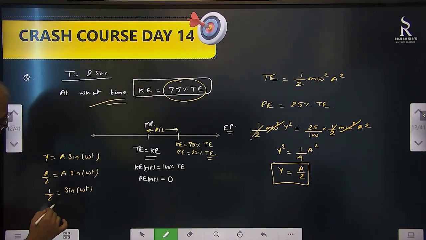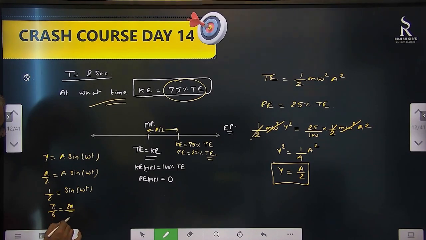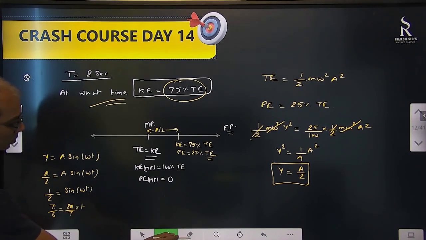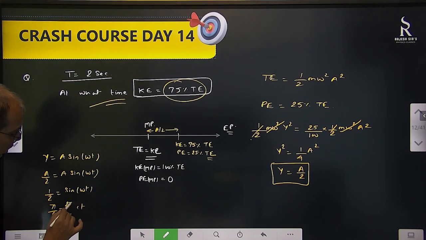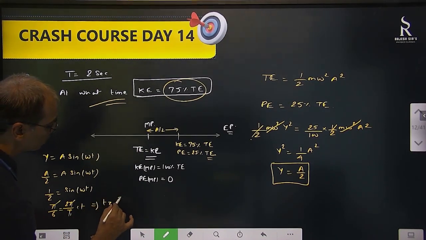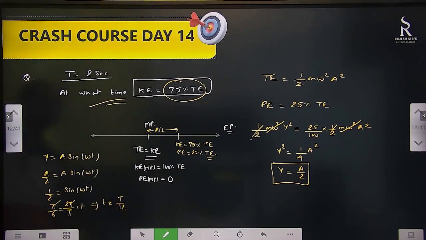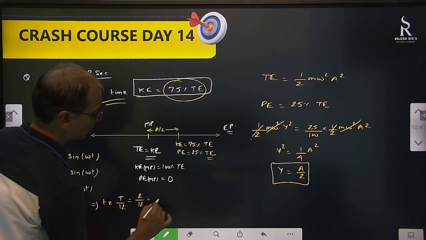So that's 30 degrees. 30 degrees means pi by 6. Pi by 6 equal to 2 pi by T into t. So pi cancelled, t equal to T by 12. Now what is T? T is given 2 seconds. So 2 by 12, that is 1 by 6 seconds. Simple.